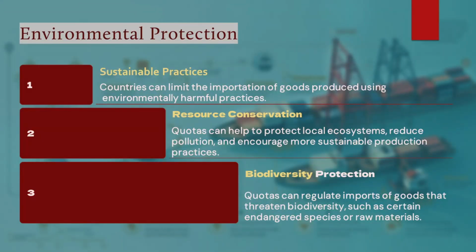Countries may impose quotas on the importation of goods that are produced using environmentally harmful practices, such as products made with high levels of carbon emissions or those that involve unsustainable natural resource extraction. By limiting the quantity of such goods entering the market, governments can help to protect local ecosystems, reduce pollution, and encourage more sustainable production practices.